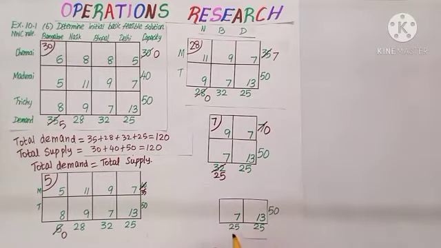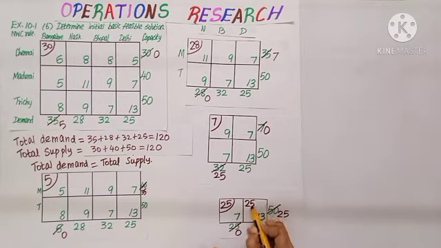Here again 25, 25. Northwest is this, so I allocate 25 here. This becomes 0. This becomes 25. So 25, 25, it is equal. Allocate in the last cell.